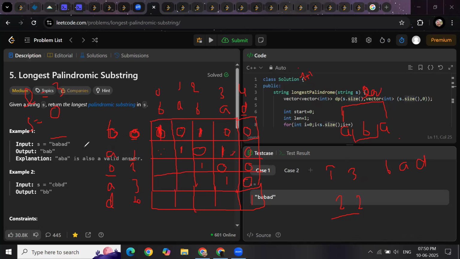Okay. So now after completion of this, we will have the length of the palindrome substring and its starting position. If I know the length and the starting position, then we can use the substr function and return the answer. Okay. So now let's see the code.